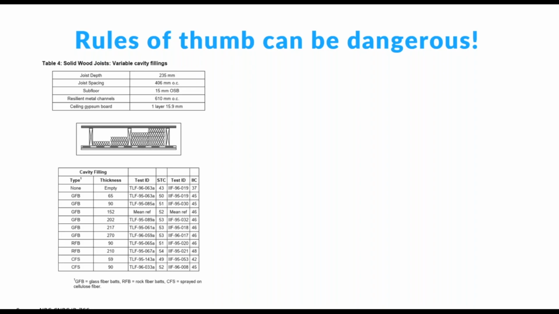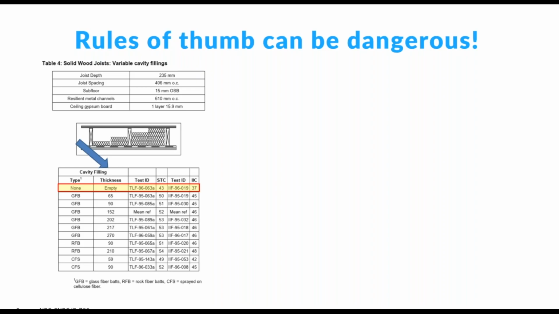It'll improve your acoustical performance a lot. But then adding more insulation oftentimes isn't worth it. Necessarily doesn't give you big gains. But really it depends, and we'll show you that.